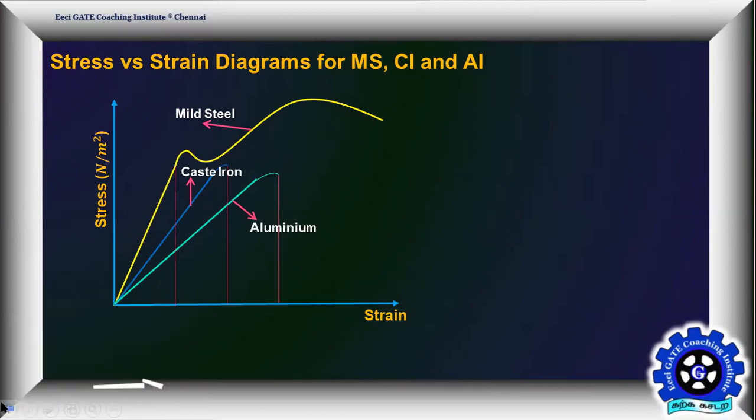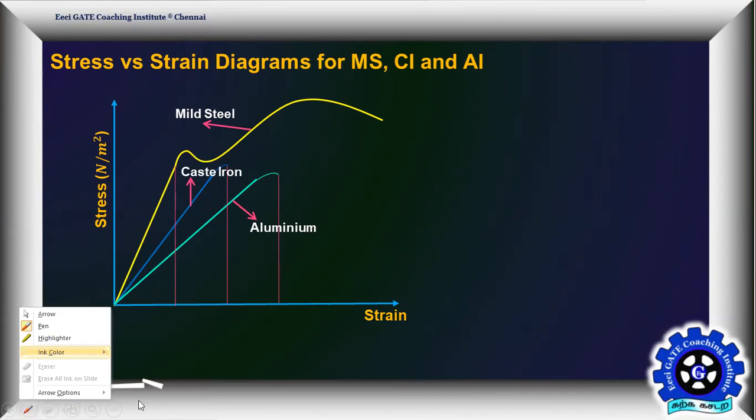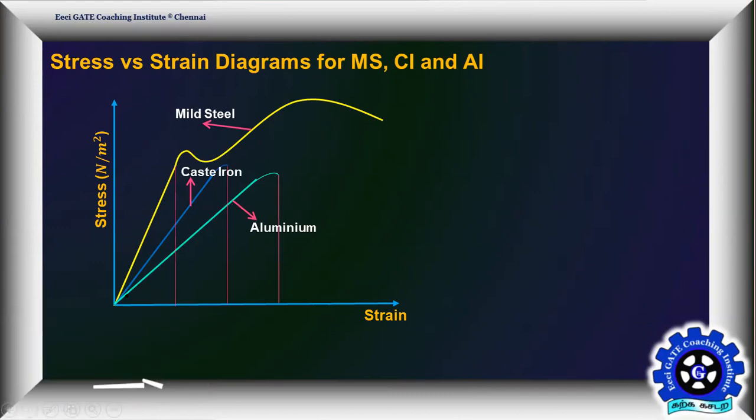Now, which color can we choose? Color, that's enough. Okay. Now, this angle is theta aluminium. Then from here to here, it will be theta cast iron slope. Okay, this is cast iron.